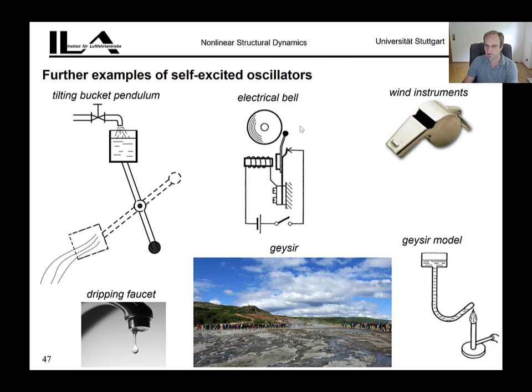An electrical bell is another example. When this circuit is closed, some current flows, and the current leads to this coil inducing an electromagnetic field, which then wants to attract this part of the bell, and this leads to the situation where the bell is impacted, making a noise.